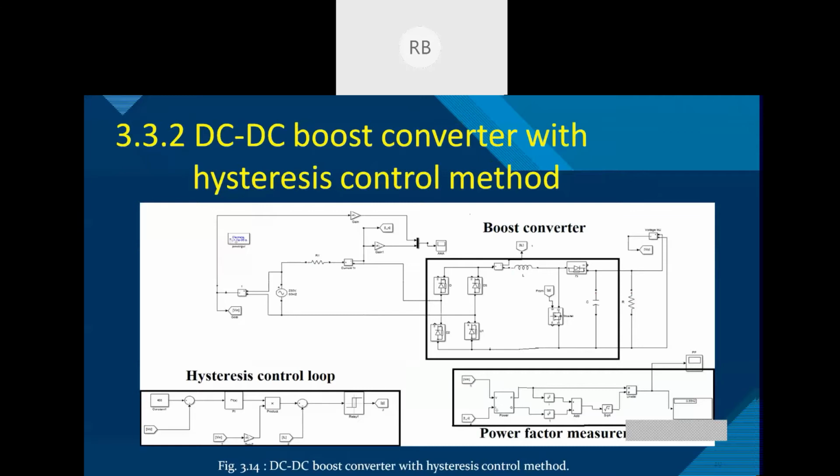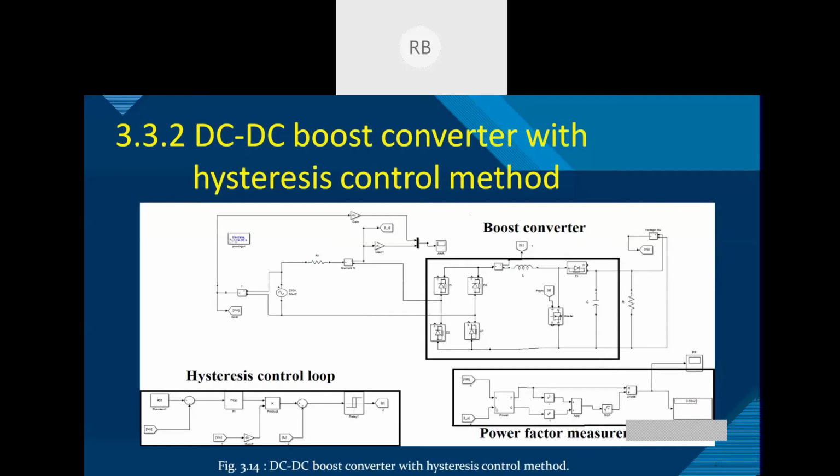This band is used to control the input current, as we have seen in the previous slides, and this gives the gate pulse to the MOSFET as shown in the boost converter. And we can see the power factor is nearly 0.9942, which is nearly as desired, that is nearly 1.